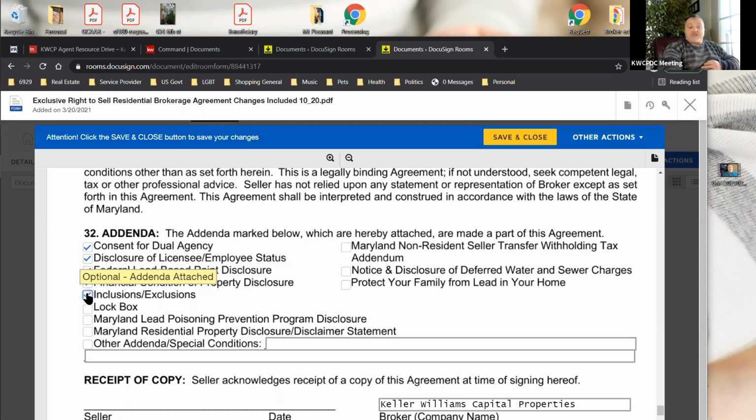If there's an inclusions and exclusions addendum, we've got to include that also. A lockbox addendum giving you authority to put a lockbox on, and the rules by which the lockbox is administered. The Maryland lead-based paint lead poisoning prevention program usually applies when there are rentals. That's always going to be included. The property disclosure statement, unless the property is exempt.